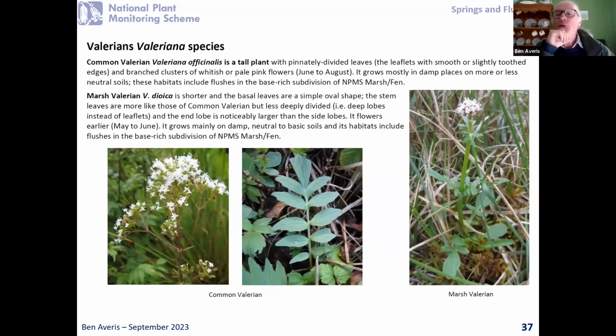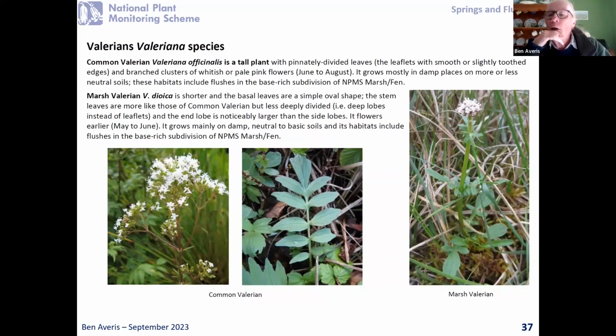What's next? Valerians, with flowers that are white to very pale pink. The common valerian, obviously the commonest and most widespread, has leaves with leaflets on the left and right sides in opposite pairs. Whereas the marsh valerian, which is more southern, only just comes up into Scotland. It's not common up here at all.